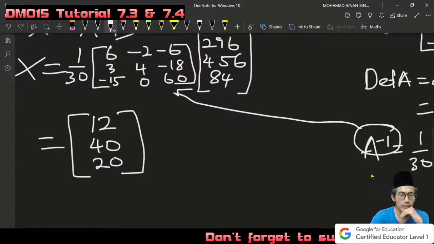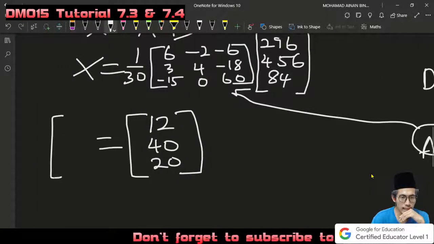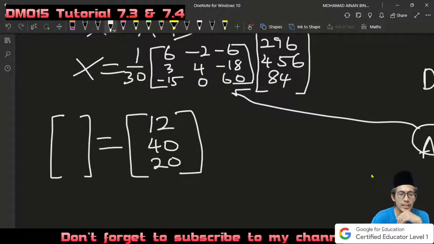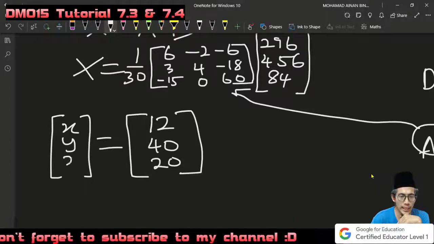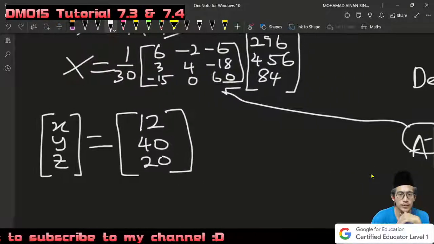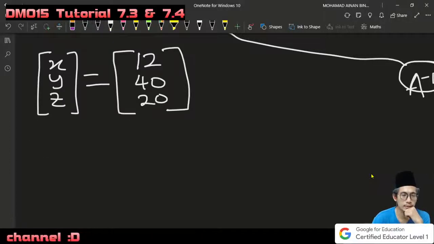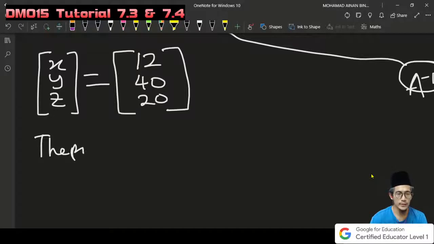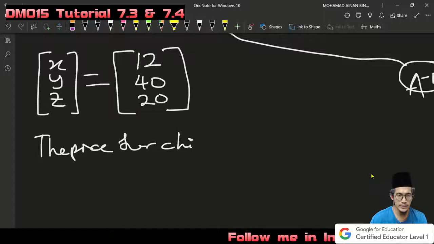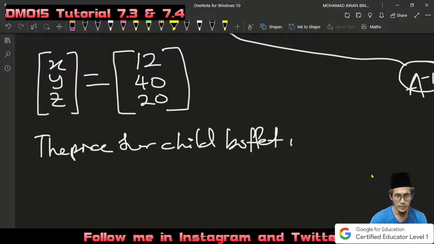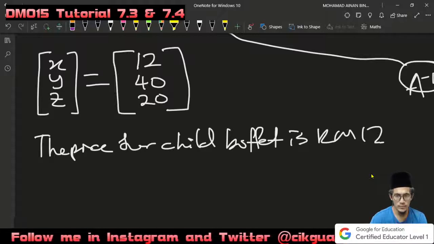Okay, now we know that what is X? X is the column matrix for variables X, Y and Z. So, we must state what X is. Okay, X, so we must say the price for child buffet is RM12.